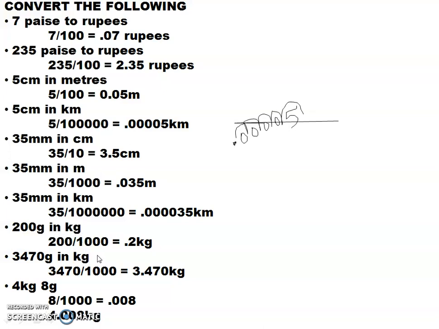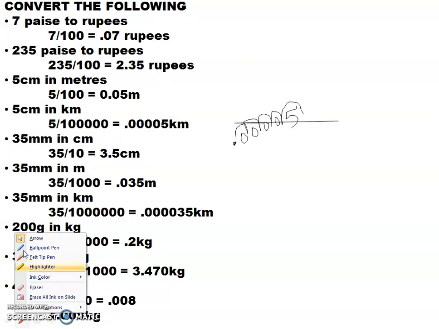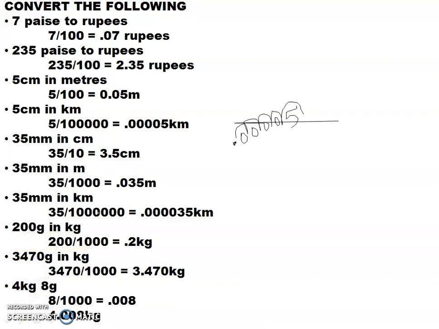Now, 200 gram in kilogram. Here also you know the conversion factor is 1000. Now, 3470 gram in kilogram. Once again, I will show you how you are going to write this. 3, 4, 7, 0.